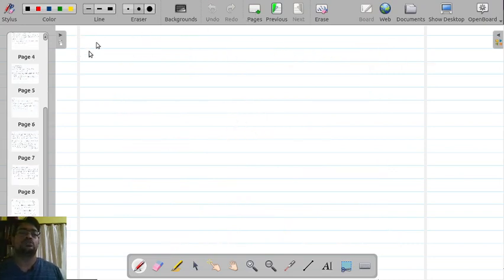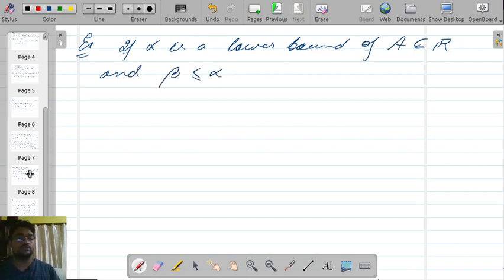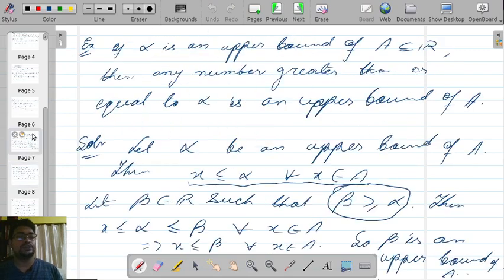Here we also have an analogous result: if alpha is a lower bound of the set A, a subset of R, and beta is less than or equal to alpha, where beta is a number which is less than or equal to alpha. The corresponding result for the earlier case was that if alpha is an upper bound of A, then any number greater than or equal to alpha is an upper bound.